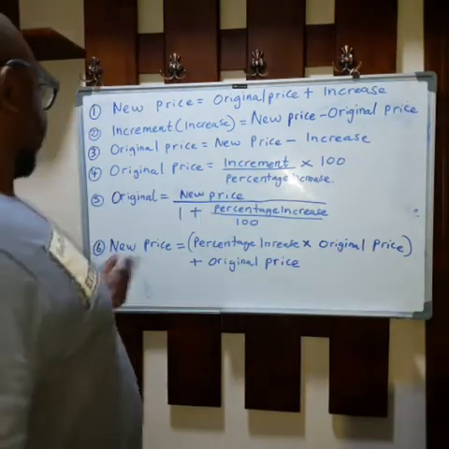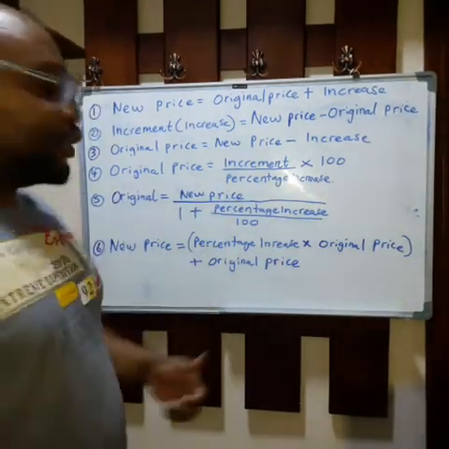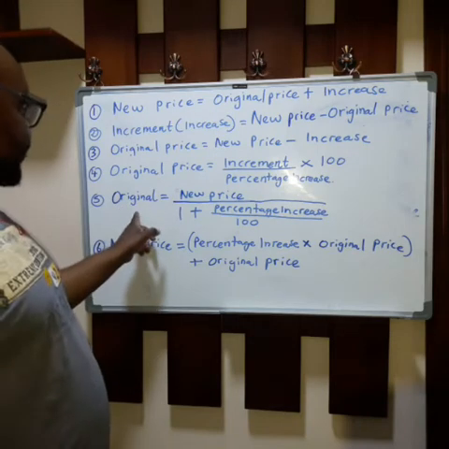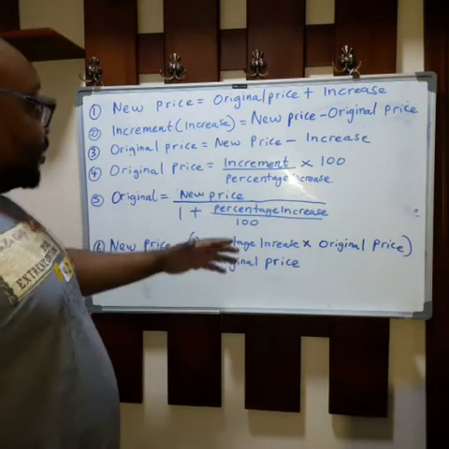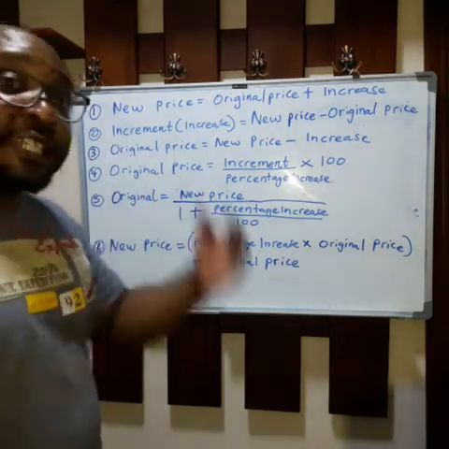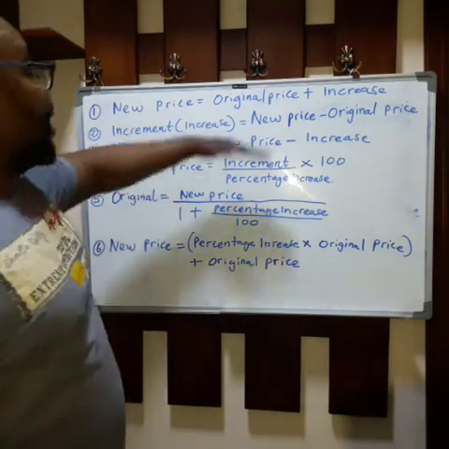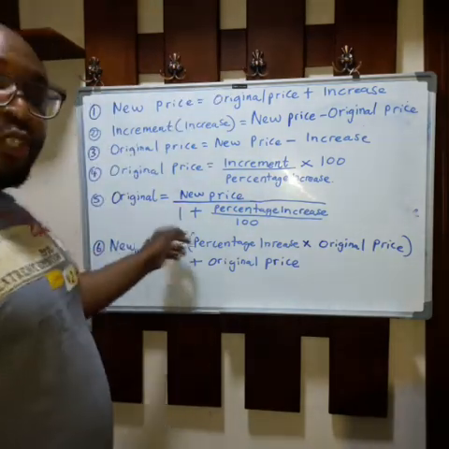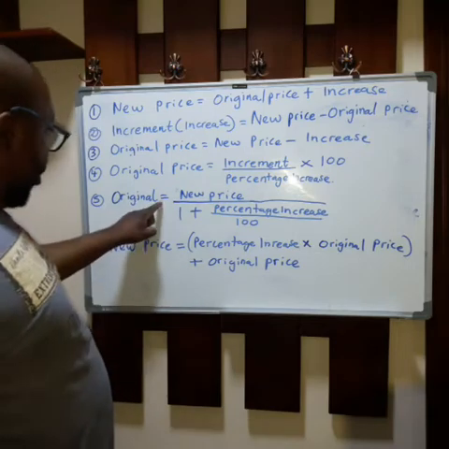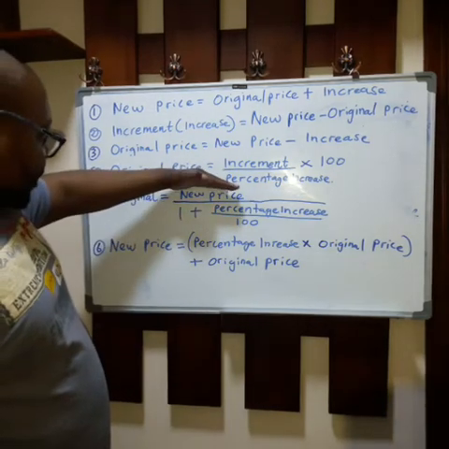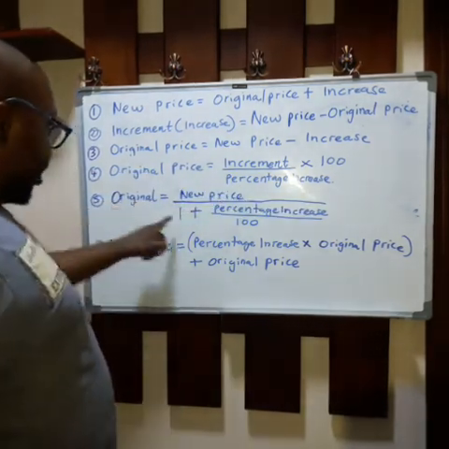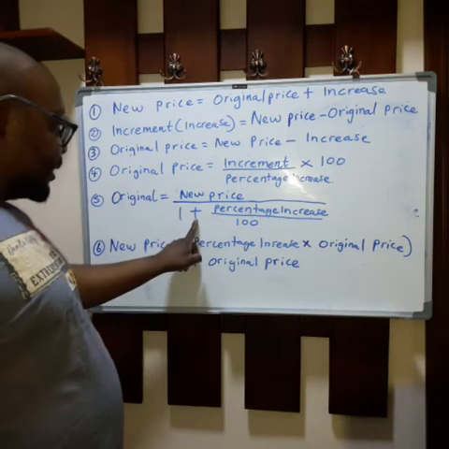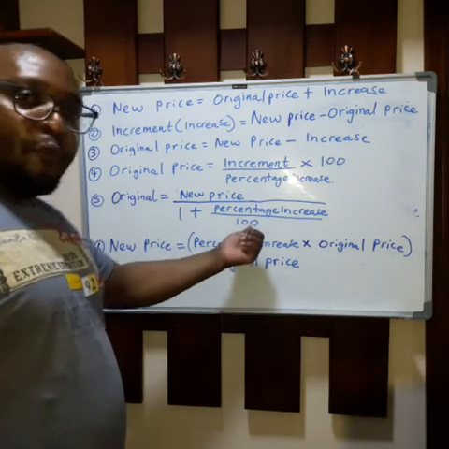Then if they say find original price, this formula is a bit broad, but in cases where other formulas are not working, you might need to use this one. It's equal to new price over 1 plus percentage increase over 100.